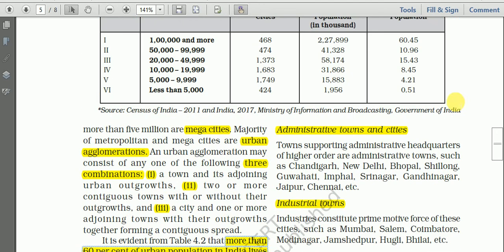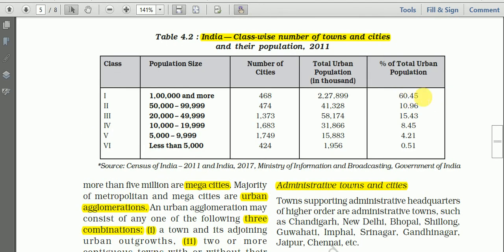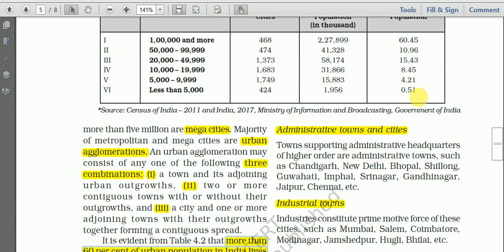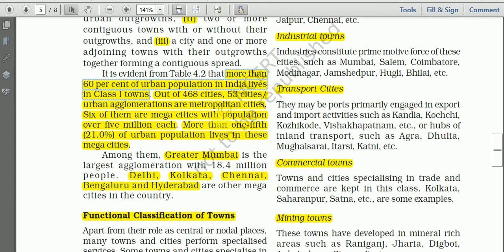That I already mentioned. More than 60% of the urban population in India lives in class 1 towns.